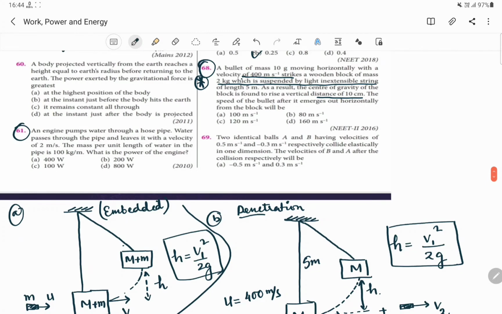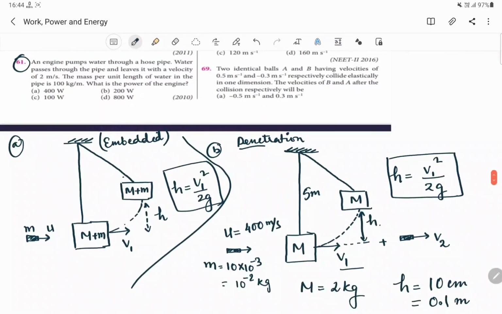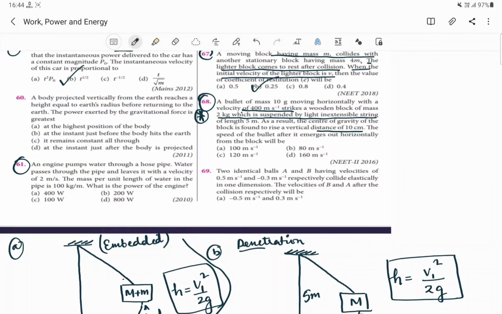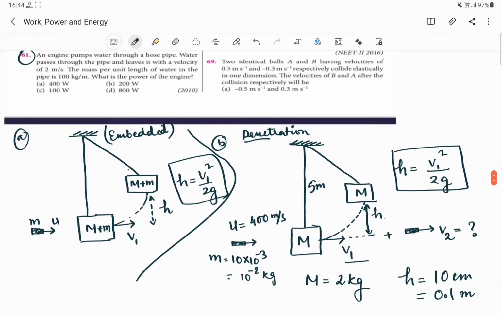Now we have to find the speed of the bullet after which it comes out horizontally from the block, that means we have to find v2, the speed of the bullet after penetration. So for this question number 68, we have to consider the second case. The first case is not being asked, so let us do the second case.